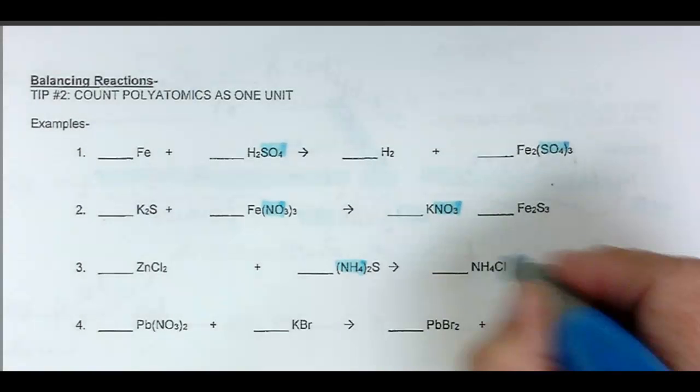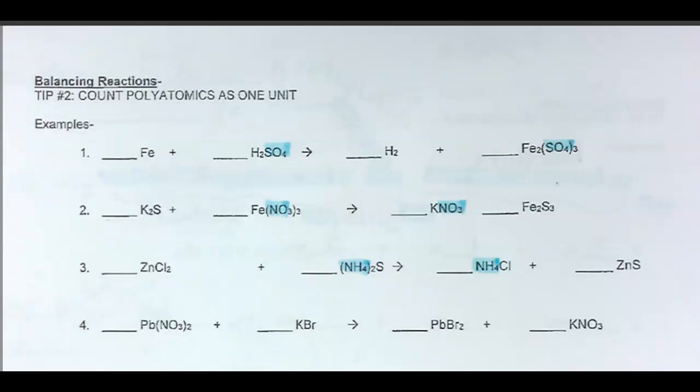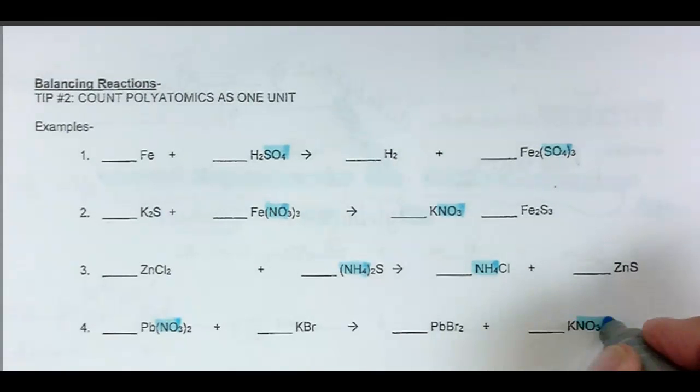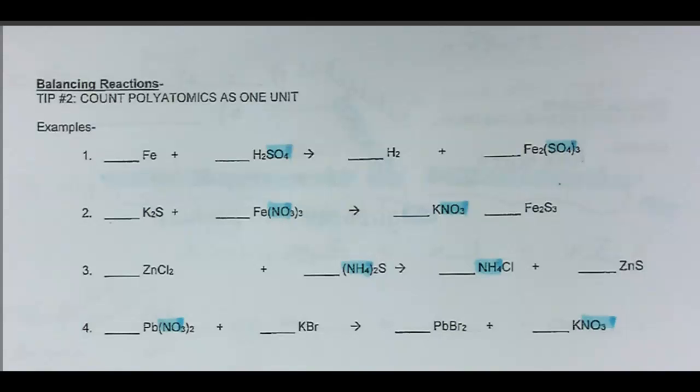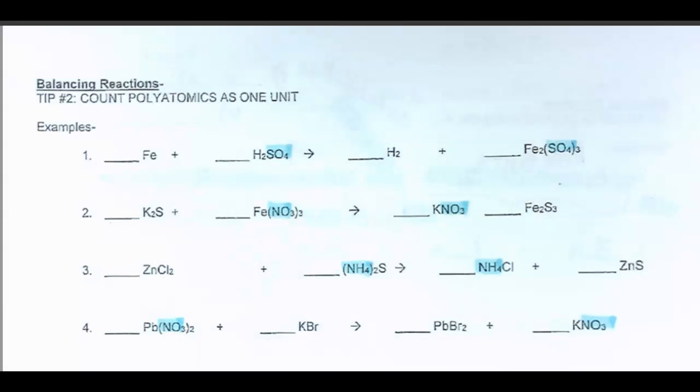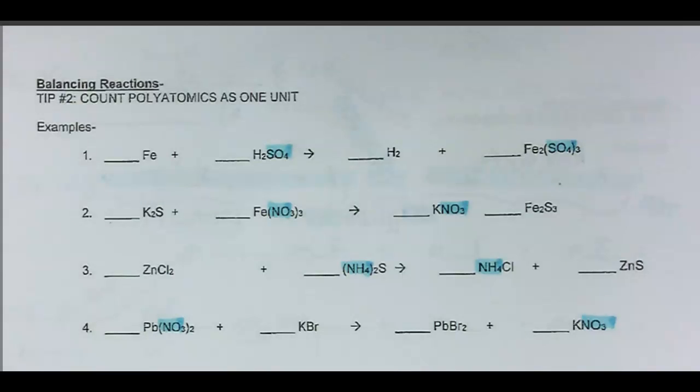Here's NH4 and NH4. On this one, you've got an NO3 and an NO3. So if you notice those, then this would be a way you could do that. Now, just remember, you do not have to do it this way. You could definitely break it apart into your oxygens and your sulfurs, or your nitrogens and oxygens, or whatever the case may be.